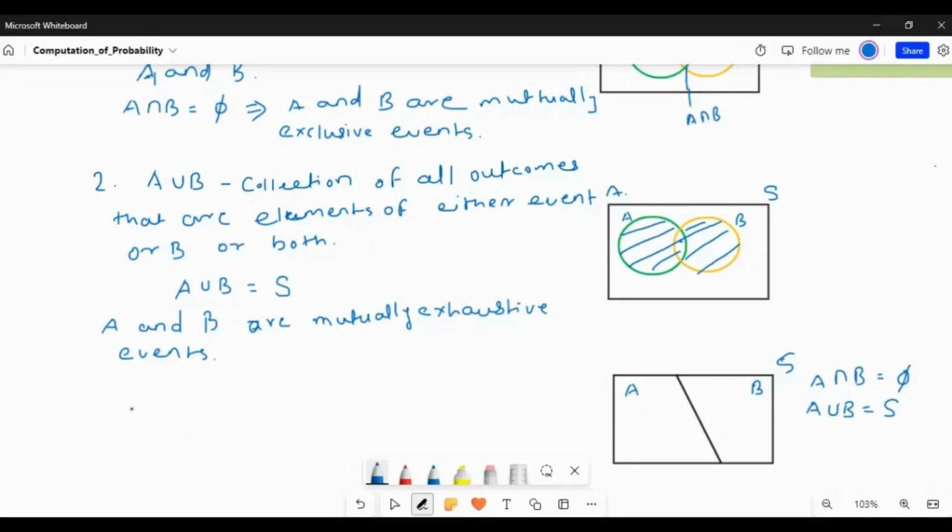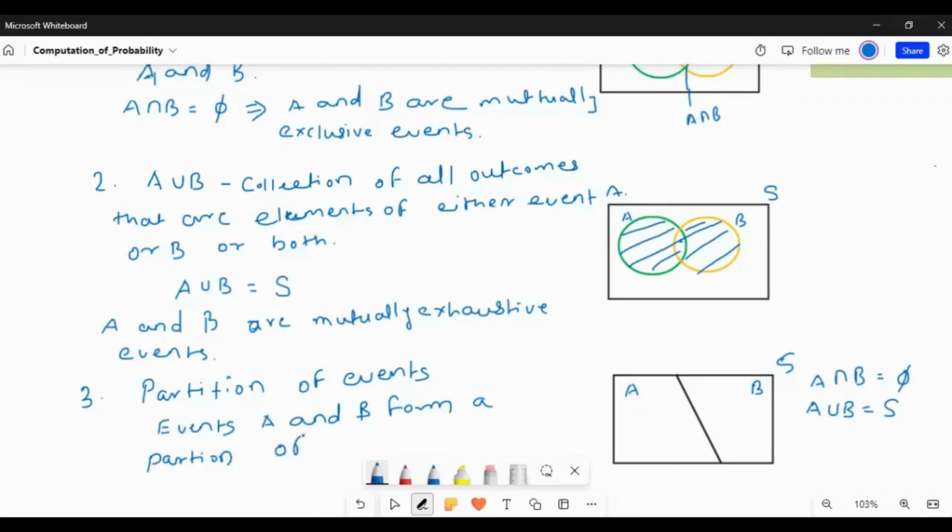So third, I will write the partition of events. Suppose A and B are two events such that A intersection B is equal to phi and A union B is equal to the sample space, then this A and B form a partition of the sample space.